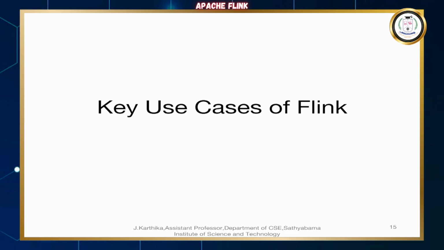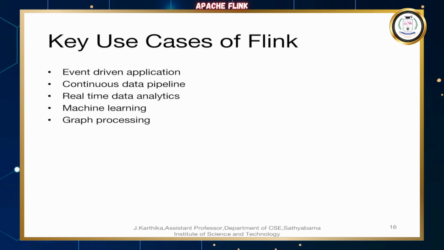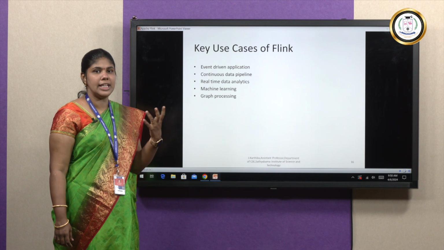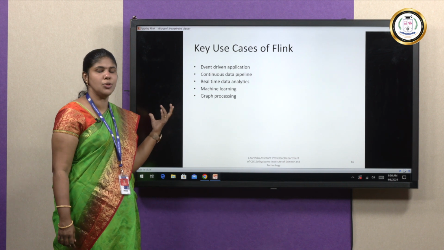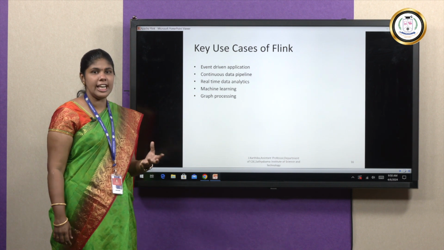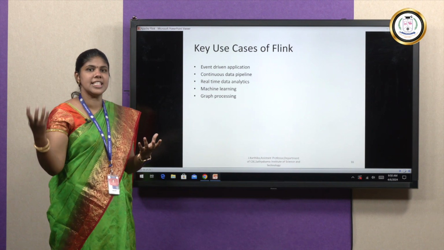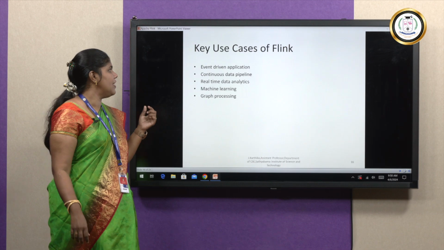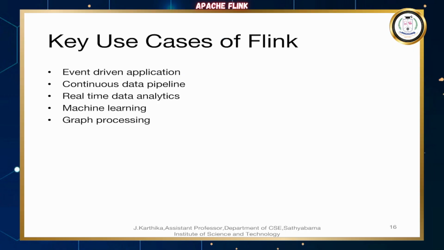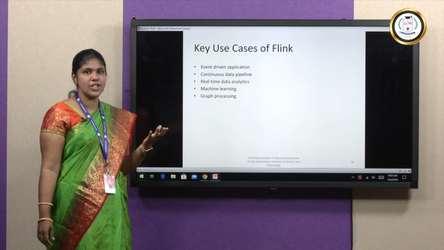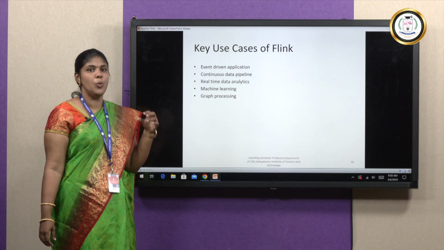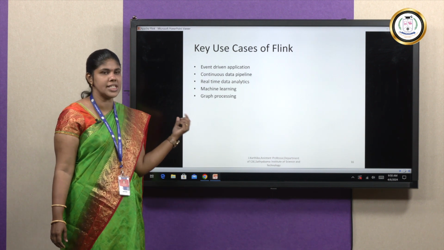We are going to see the key use cases of Flink, wherever we are going to apply Flink. First, event-driven applications. If you want to work with real-time data, we are going to use Apache Flink. Here, instead of getting the data from a remote location, we can access it locally. So that is your event-driven application. Continuous data pipeline, the same: if you want to perform an ETL job, then all the functionalities of transforming and enriching the data with the help of a continuous pipeline process can be applied.